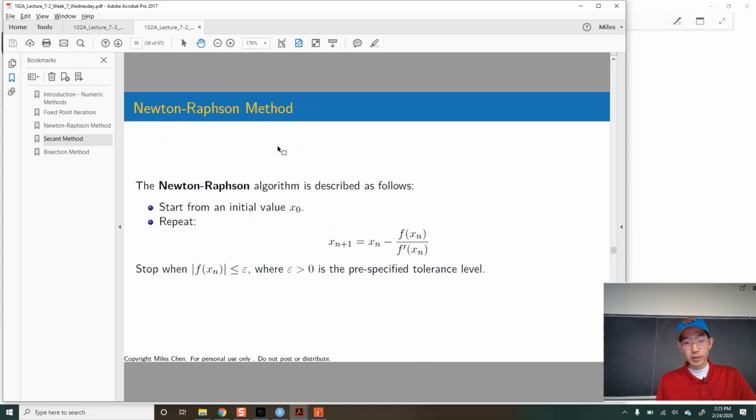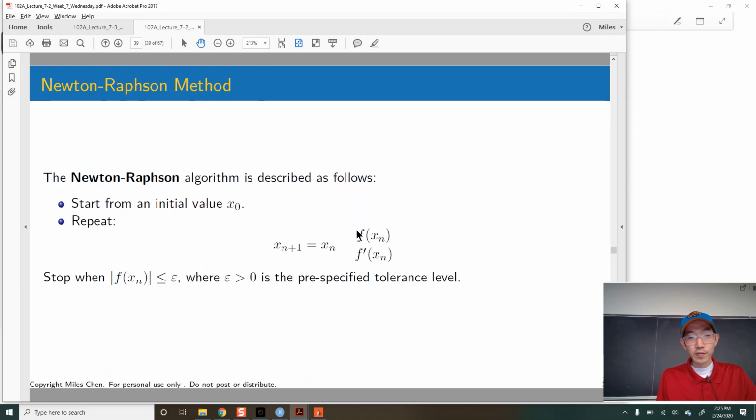So this is basically what we're going to do. Start at some initial guess x0, and apply this to find the roots.